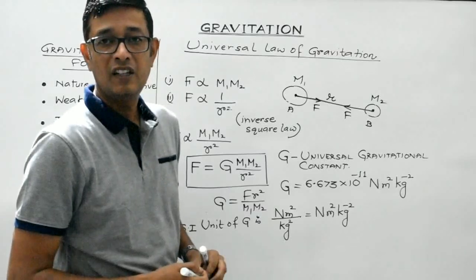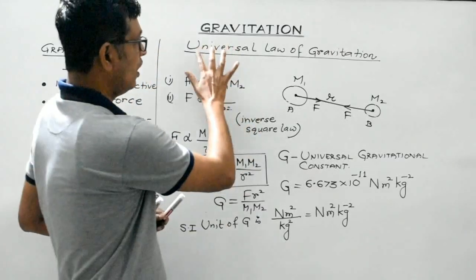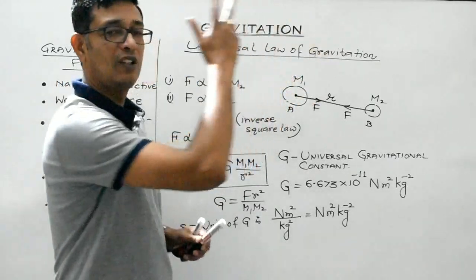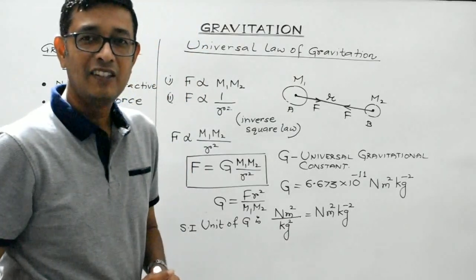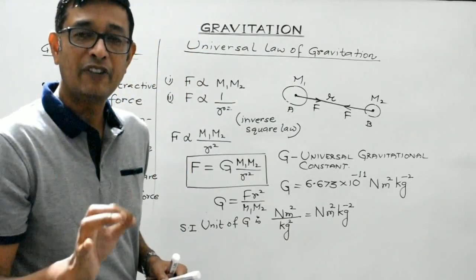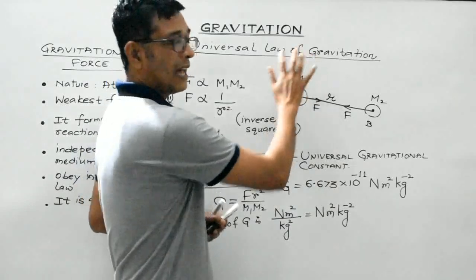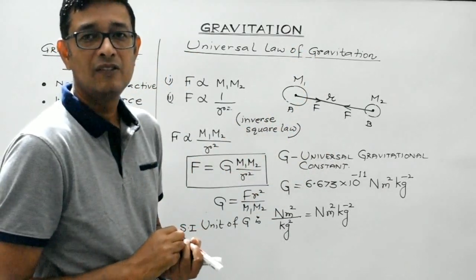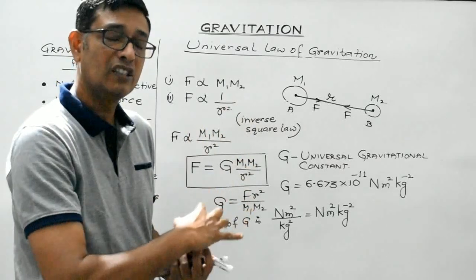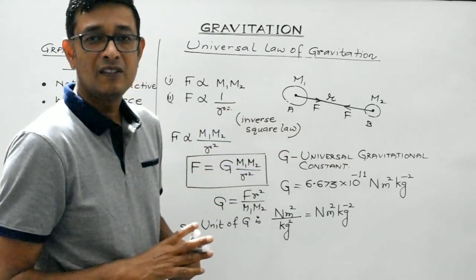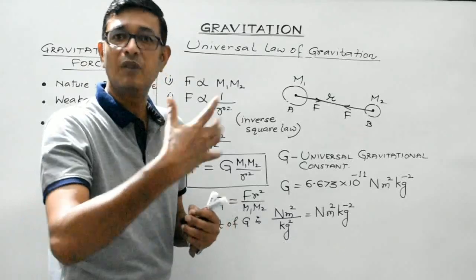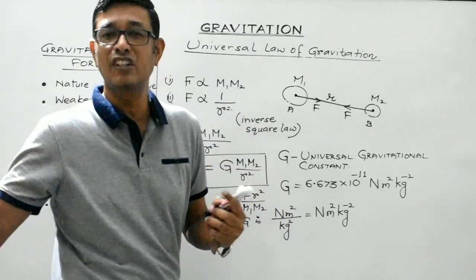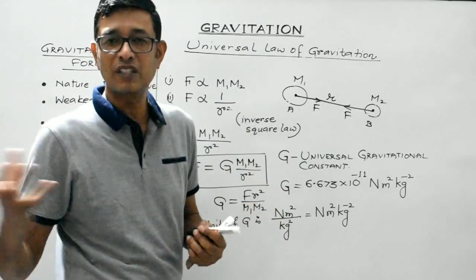Clear, students? And here I must again state why this law is known as universal law of gravitation. It is known as universal law of gravitation because this law is applicable for any two material bodies. Whether they are small bodies, whether they are big bodies, whether they are terrestrial bodies, whether they are celestial bodies or celestial objects.